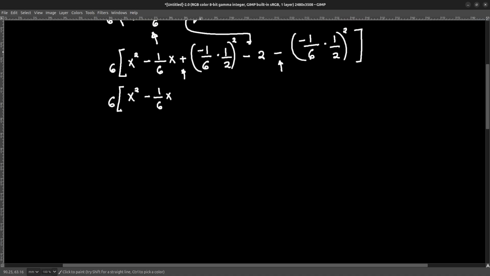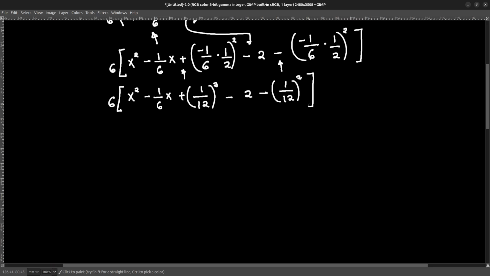So we don't care about the negative here. We are just going to do plus (1 out of 12) squared, minus 2, minus the same thing, (1 out of 12) squared. And then we close the bracket.